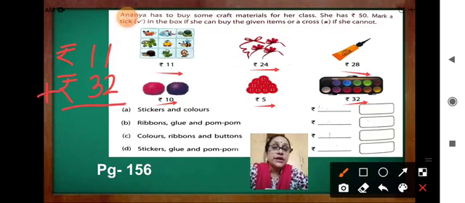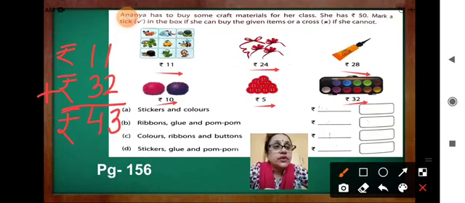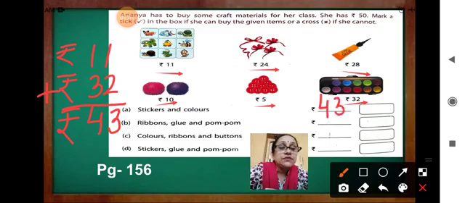Don't forget to write. Now we will add rupees 11 plus rupees 32. 1 plus 2 is 3 and 1 plus 3 is 4. Your answer is rupees 43. Now she can buy with rupees 50. Yes or not? Yes, she can buy. So give a tick there. Okay, done? All have done?